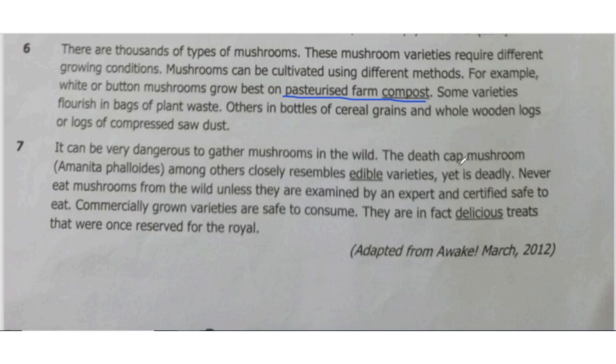Never eat mushrooms from the wild unless they are examined by an expert and certified safe to eat. Commercially grown varieties are safe to consume. They are in fact delicious treats that were once reserved for the loyal.